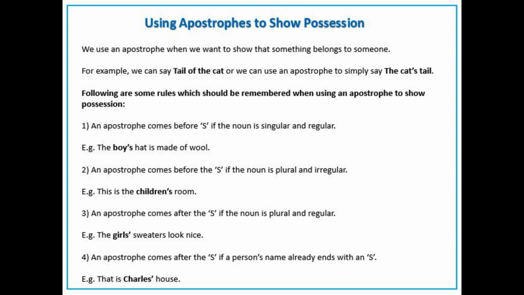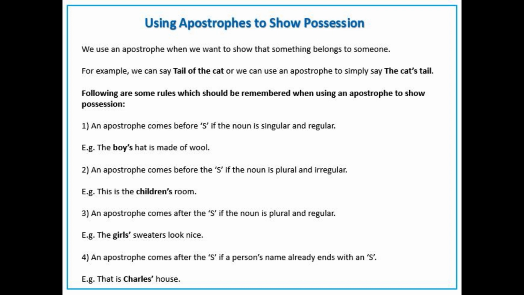The last rule is that an apostrophe comes after the S if a person's name already ends with an S. So, for example, Charles is a name that already ends with an S. So, we are simply going to put an apostrophe after it. We are not going to put an additional S after it. However, this is more of a British rule.